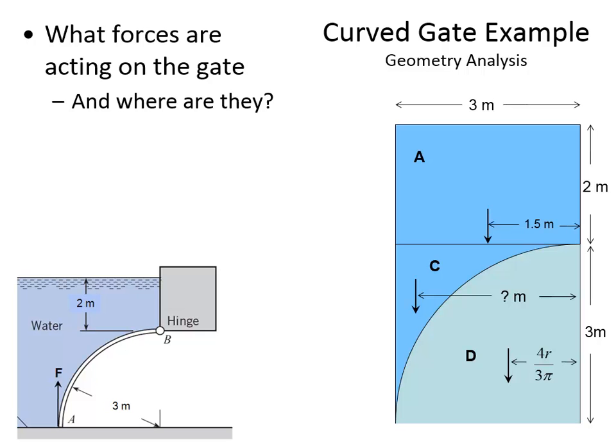We can find the force magnitude will be the pressure at the centroid times the area. So the pressure at the centroid is delta H times gamma. Multiply that by the area of the plate, and that can tell us the magnitude of the force.